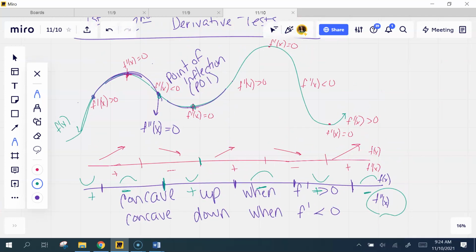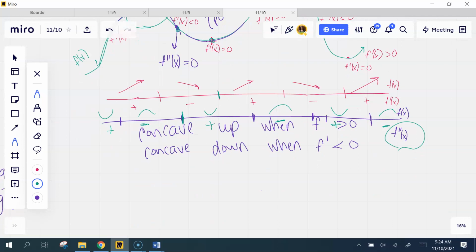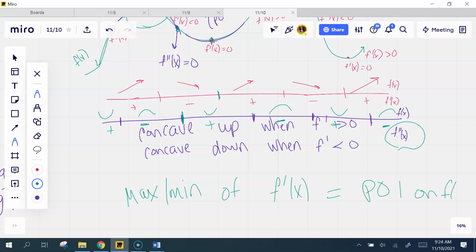But what is it called? It's a max or a min, right? So a max or a min on the derivative is going to be a point of inflection on f of x. Because the max or min of the derivative is where the second derivative equals 0, right? I'm just taking it another step. Does that make sense?